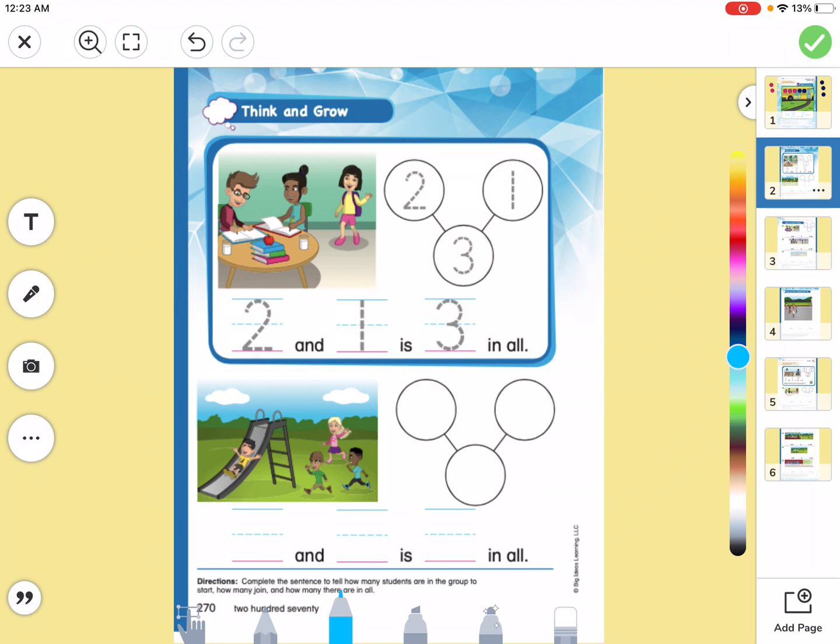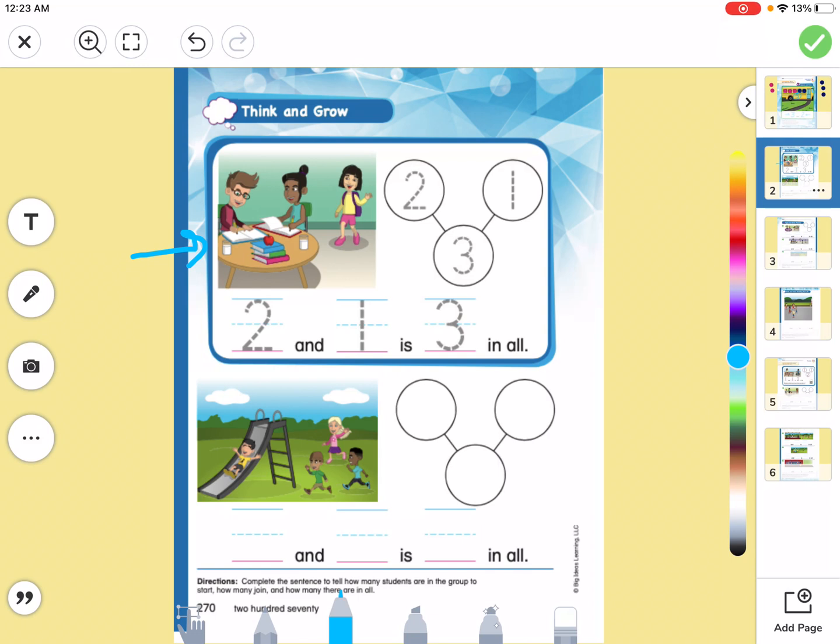Okay, we have students in a group. And it asks us how many join and how many are there in all. So on this first one here, we have 2 students sitting at the table, and 1 student just walked in the room and still has her backpack on her back. So how many students are sitting at the table?